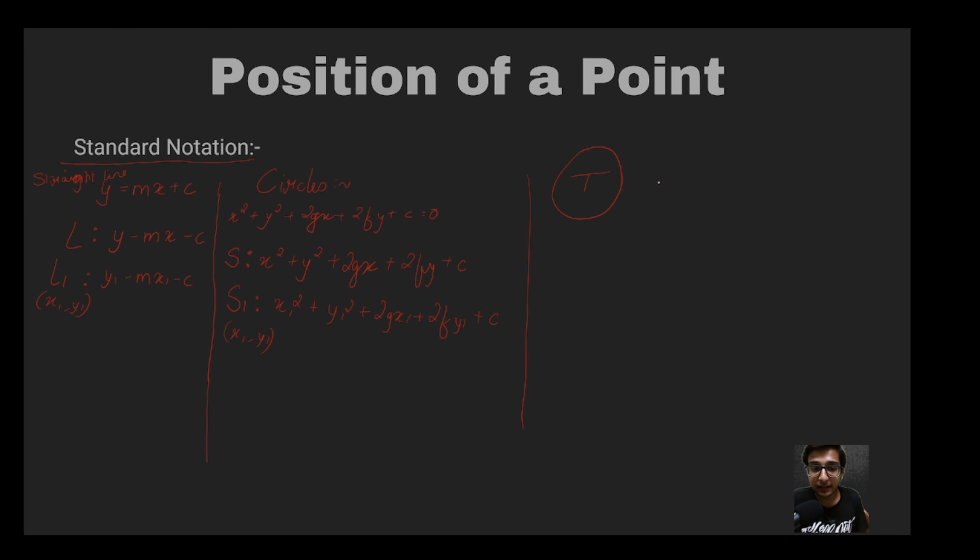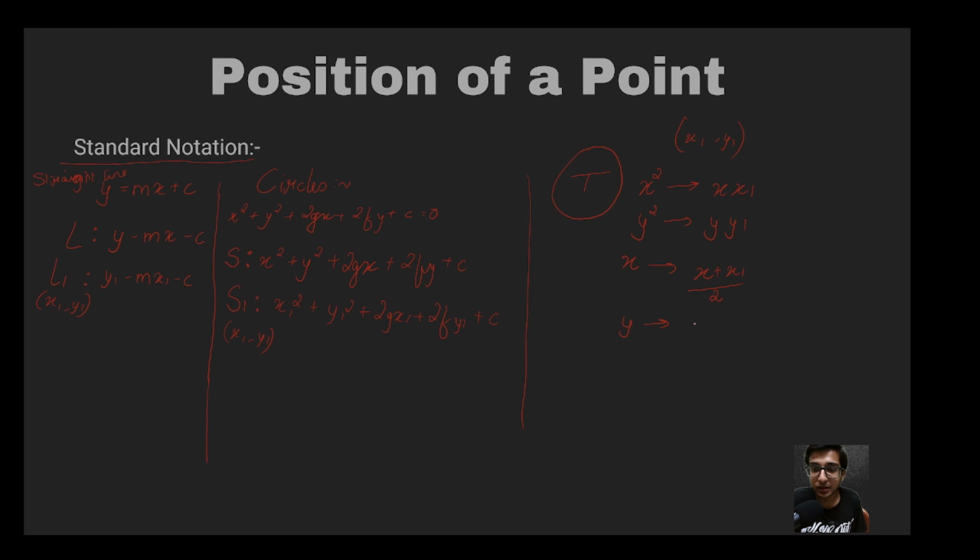So generally the conversion lies somewhat like this. X square is converted into x x1, where again x1 and y1 is the given point in our question. Y square turns into y y1. X turns into x plus x1 by 2.